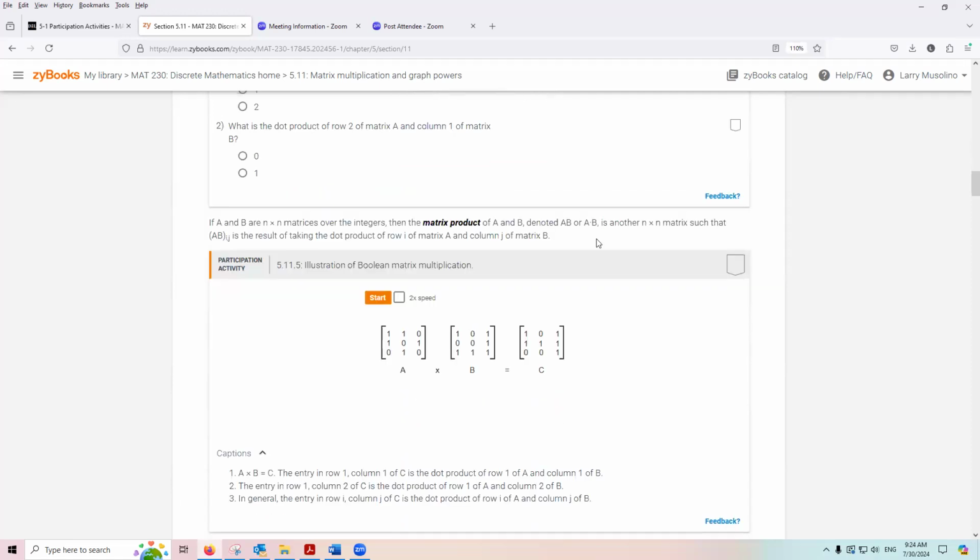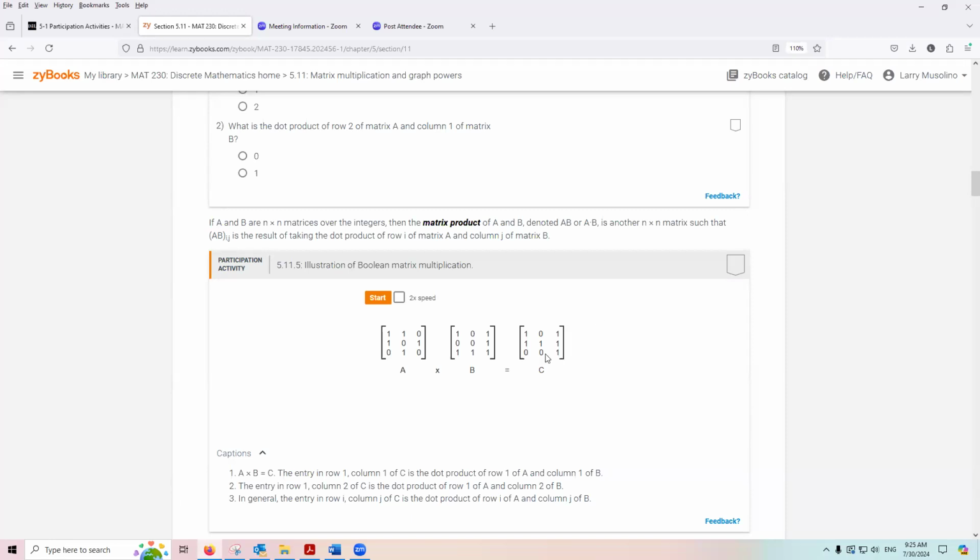And the way you have to do matrix multiplication, and this gets a little confusing, is you take the dot product of every row times every column. So you'd start out with each row in matrix A and take the dot product with the column in matrix B. So let's do an example here.